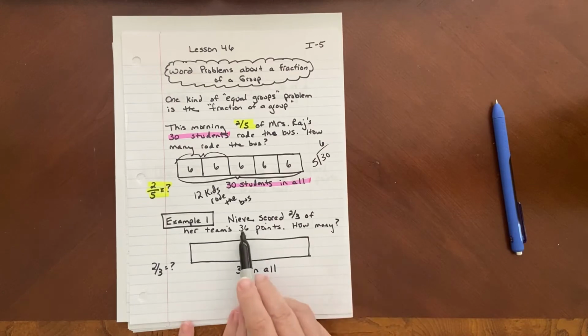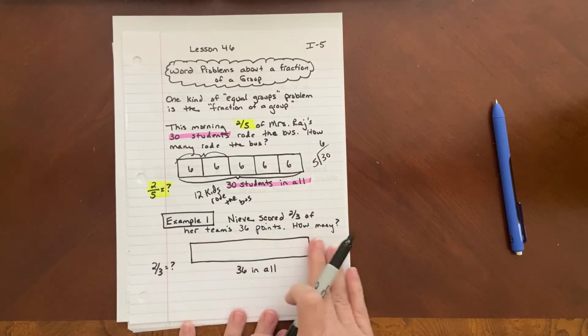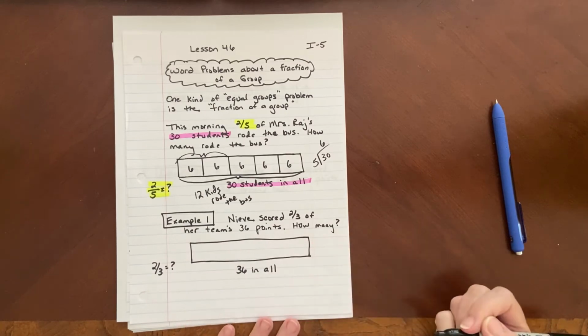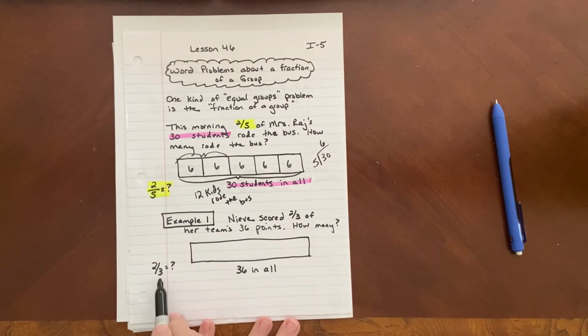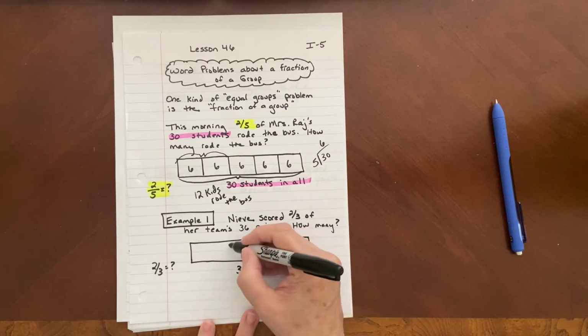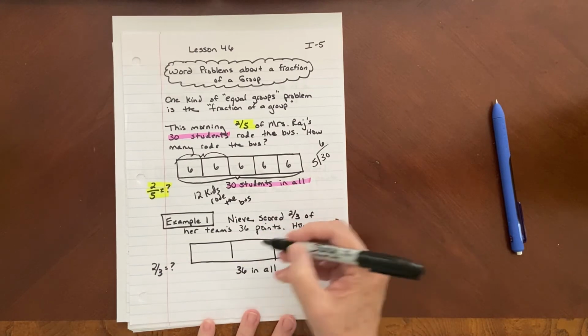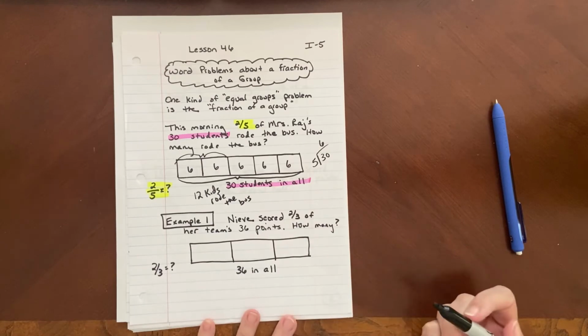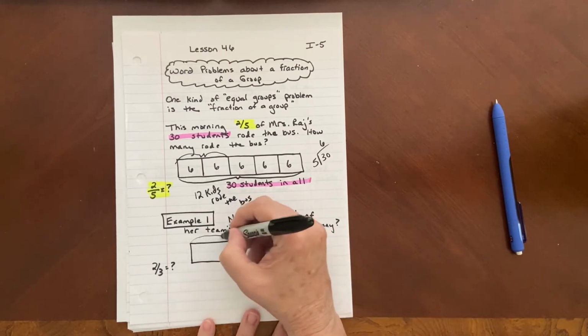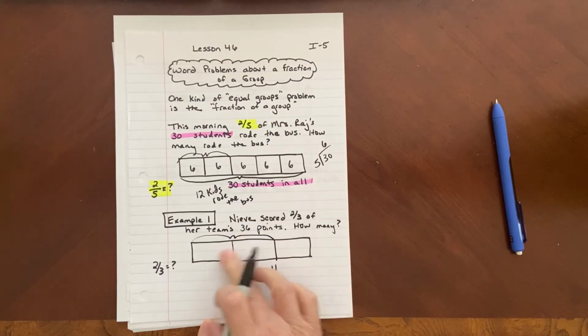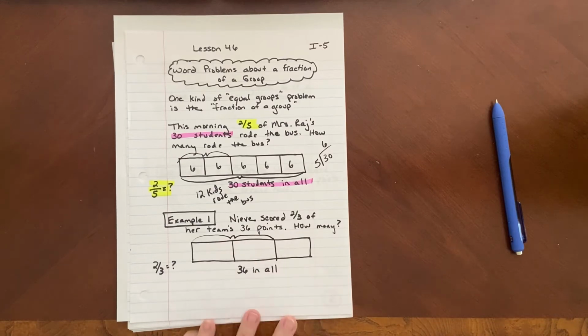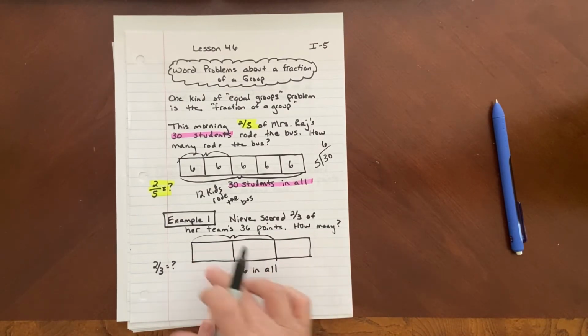Okay, so I have 36 in all, right? So there's my box. So I know the total of all my groups is going to be 36. I look at my denominator and I say, oh, 3 groups. So 1, 2, 3. And I'm going to take that, and that's what Neve scored, right? Okay, well, how much goes in each box?